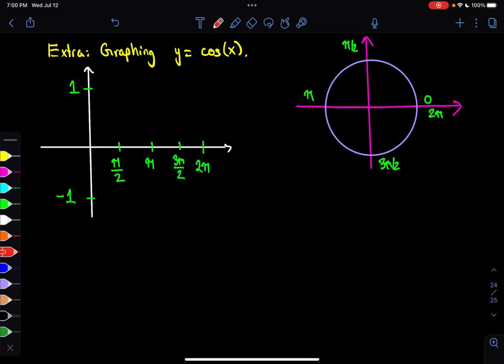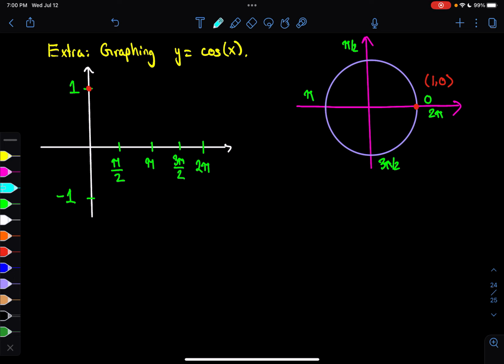It's important to remember that we can make a table of values, which is always a good idea to do. But because we did that in the last video, I'm going to do a more streamlined approach, where I'm just going to say I know that at 0 radians, we're at the point (1, 0), and cosine has a value of 1. So I go ahead and put that point right up there.